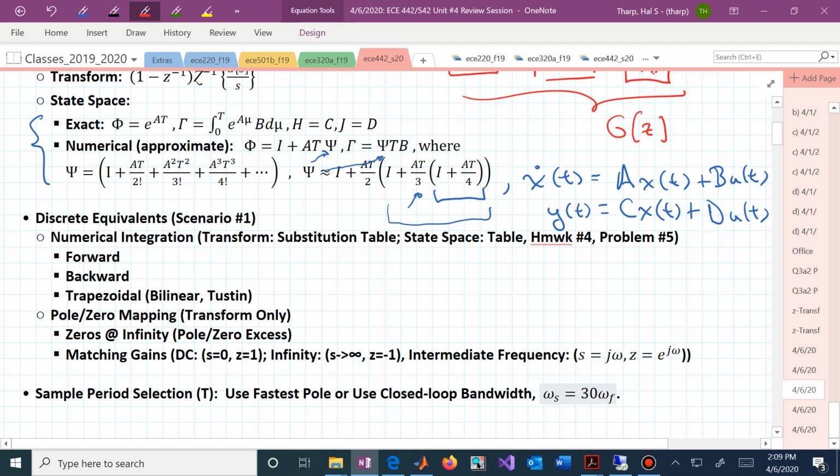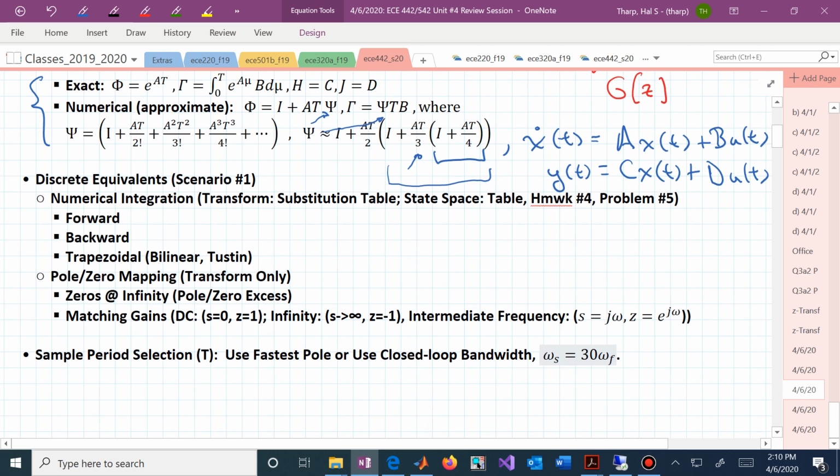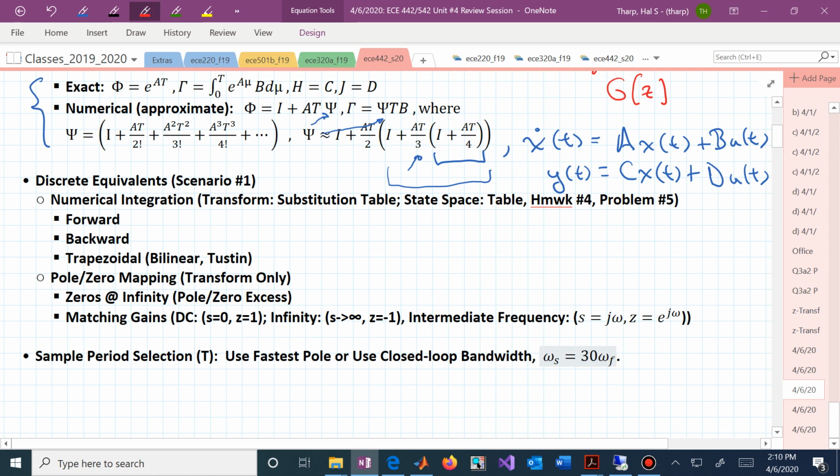In all of this discussion, you may have to pick a sample period, and that's going to be associated with the fastest pole in your analog system, or if somebody is going to be controlling that system, you may want to use the closed loop bandwidth. Once you have that, that's what we're now calling this omega sub f, the fastest frequency.